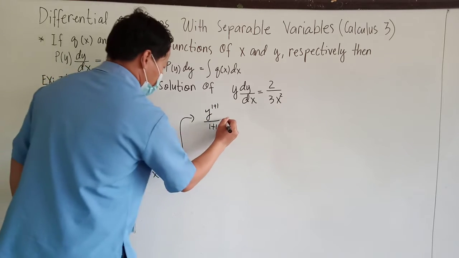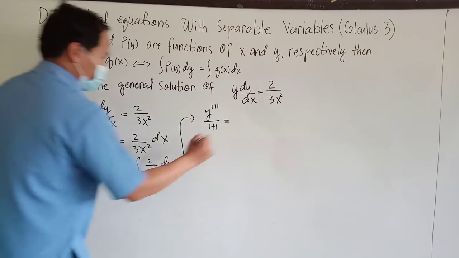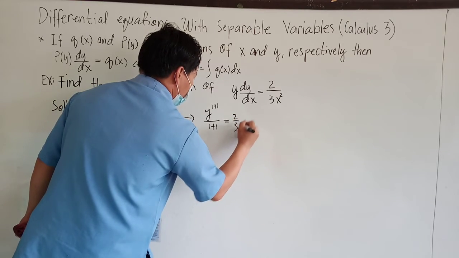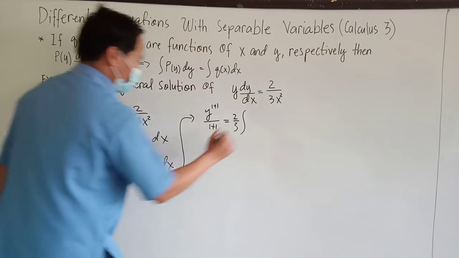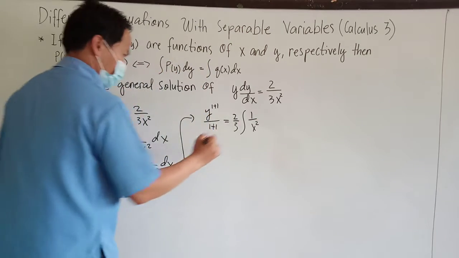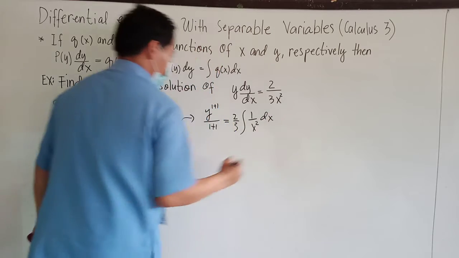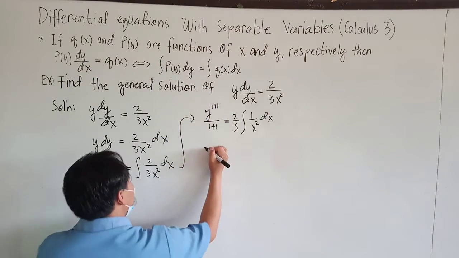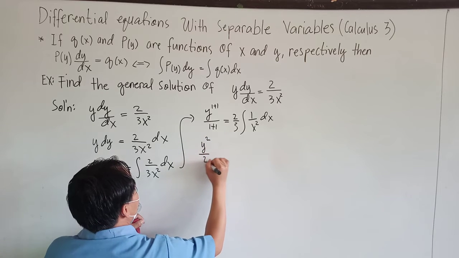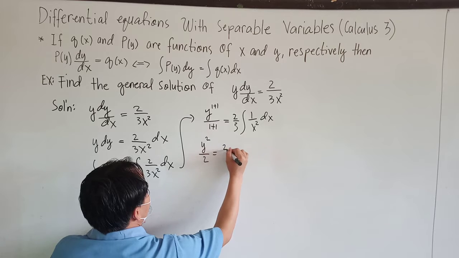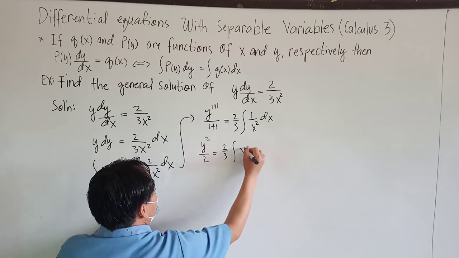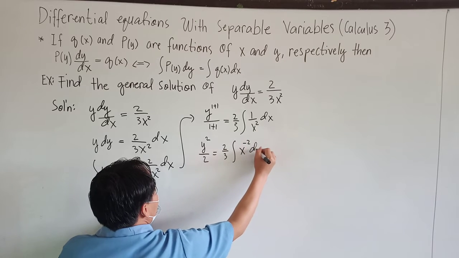The other side, we can factor out the constant, that is 2/3 integral of 1 over x squared dx. So on the left hand side this will become y to the power of 2 over 2, equivalent to 2/3 integral of x to the power of -2 dx.